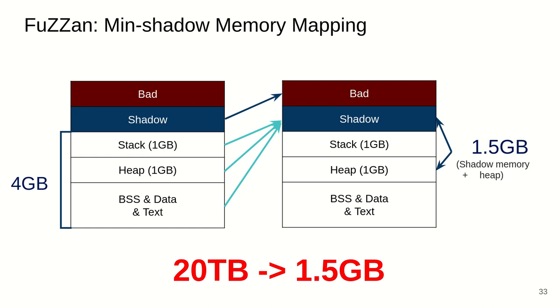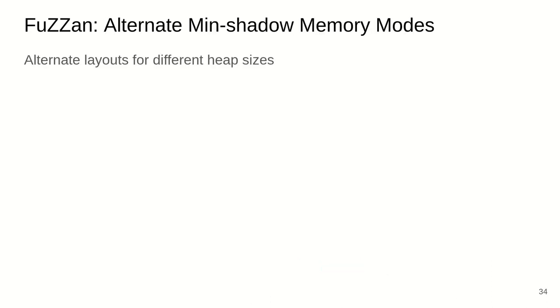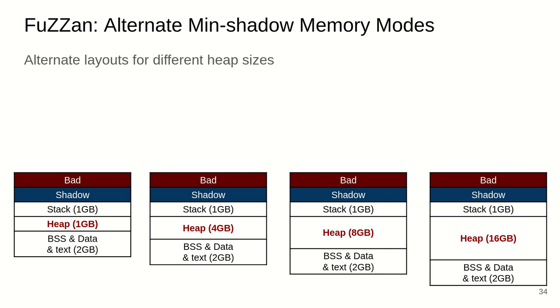So we've shrunk the address space from 20 terabytes to 1.5 gigabytes that needs to be allocated. Even though this is only a virtual address space, this is a much smaller address space and allows us to improve performance.